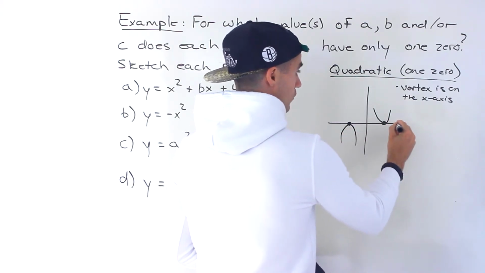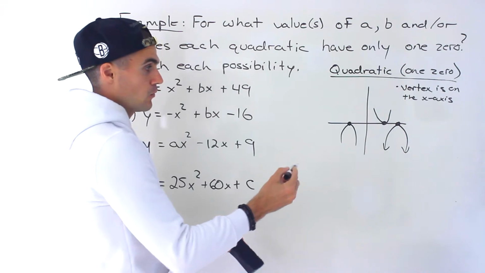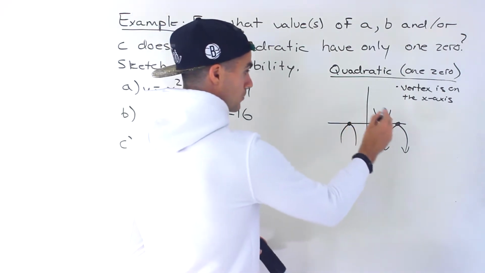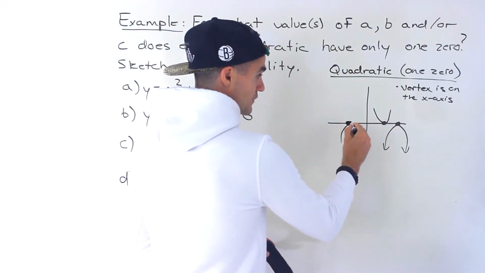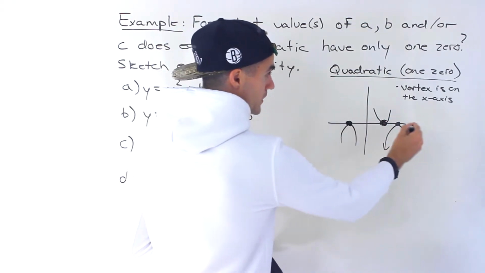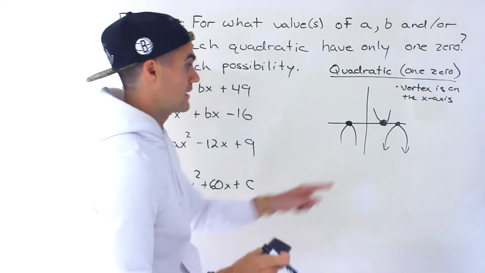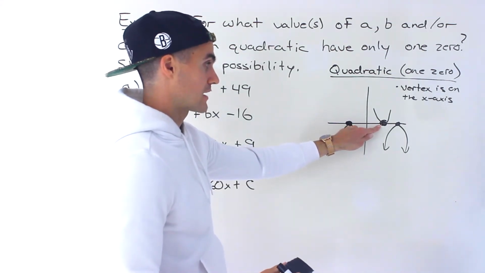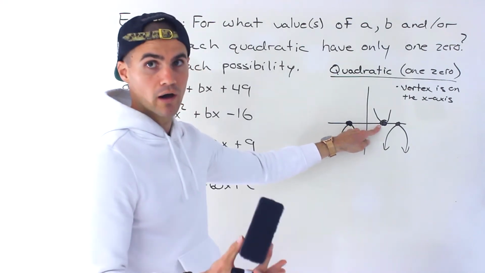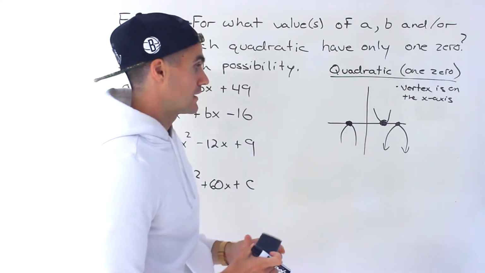Many different ways, but the point is, whether the quadratic opens down or opens up, the vertex of it, whether it's a maximum value like this or a minimum value like this, it's always going to be on that x-axis, okay? And then that vertex is going to be the same as that one x-intercept.